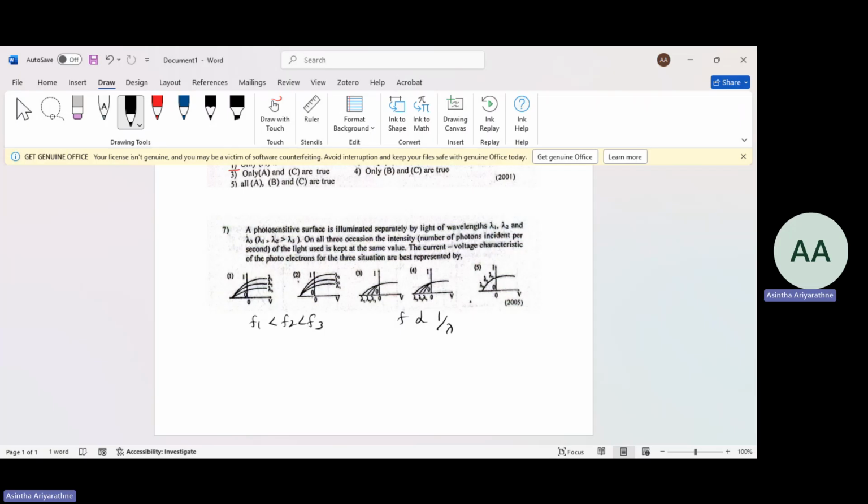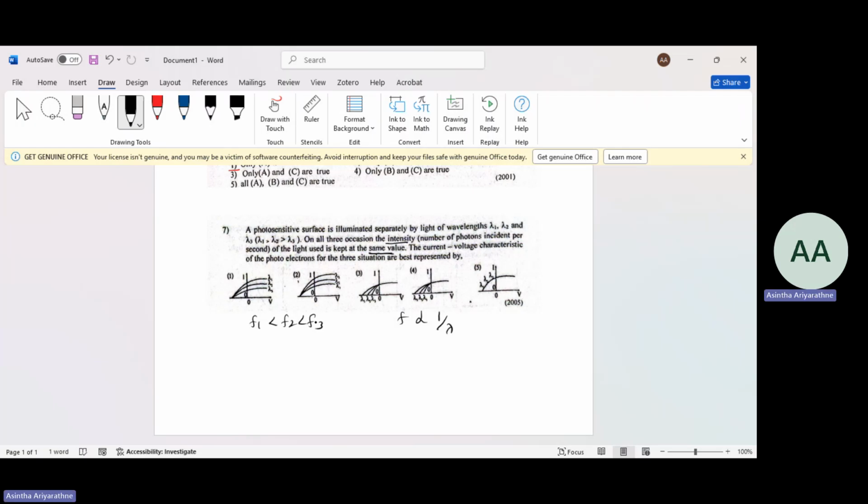The current-voltage characteristics of photoelectrons for the three situations are shown. Since the intensity is constant, the photocurrent in the first quadrant is constant.